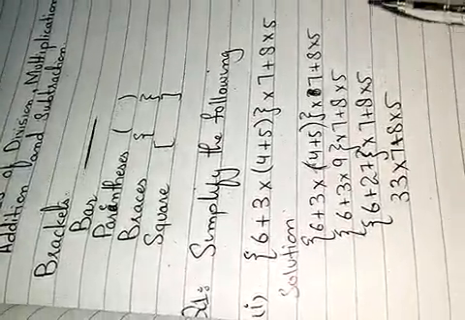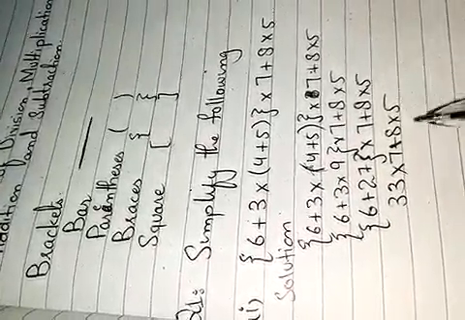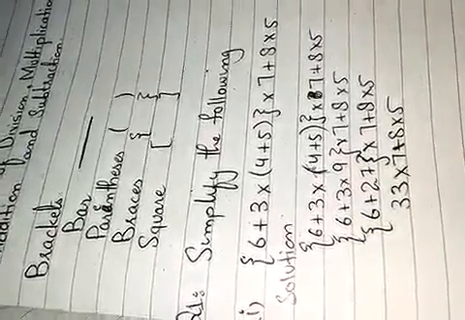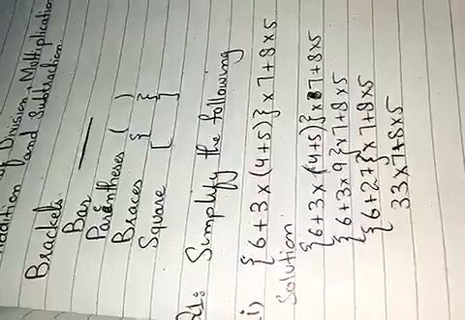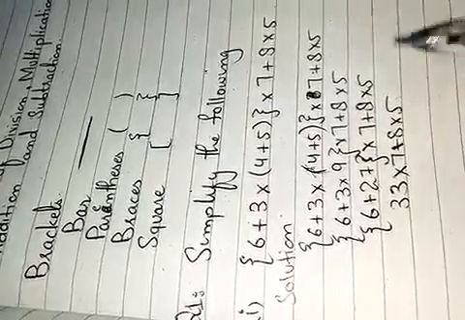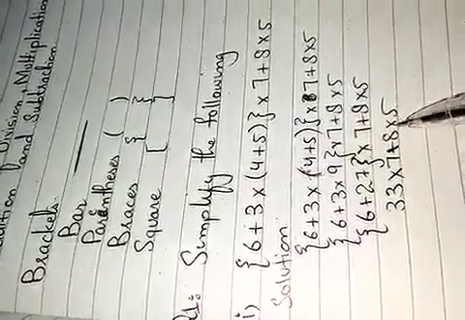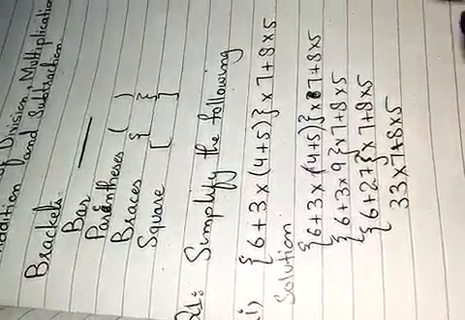Now we have solved all the brackets and we have just numbers. When we have just numbers, we need to solve the question according to BODMAS. So first we solve the multiplication. We have two multiplications.